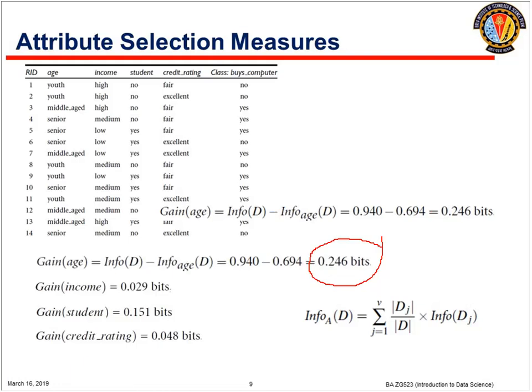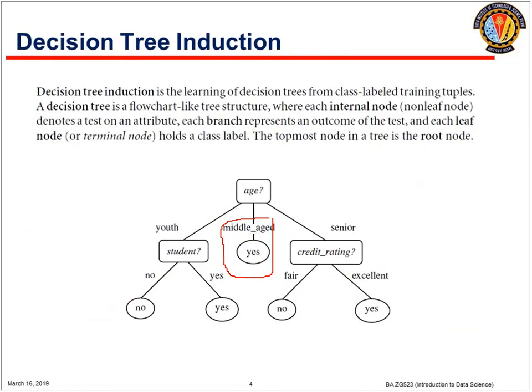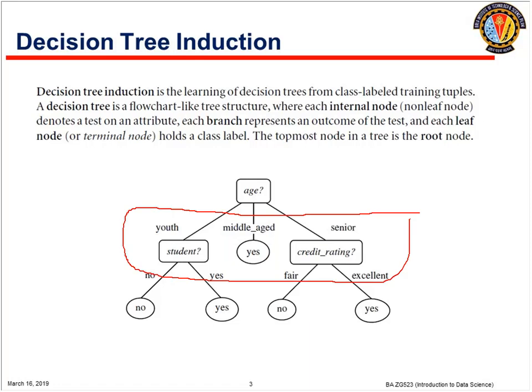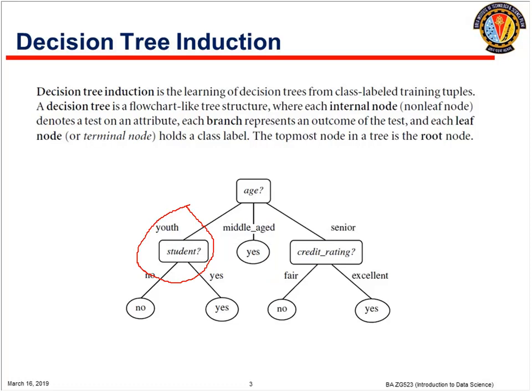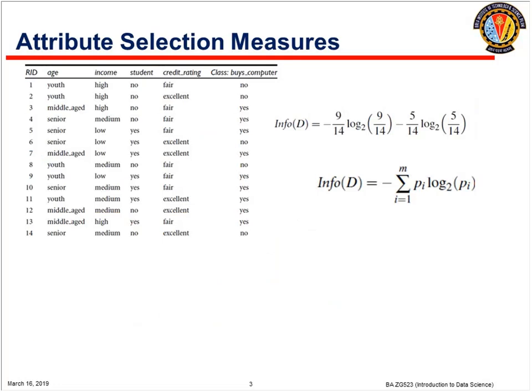So you select age. Once you have selected age, you have to make decisions based upon the remaining branches: youth, middle aged, senior. Let's say you have selected youth. What should be the next split? Whether you should split on income, on student, or on credit rating next.